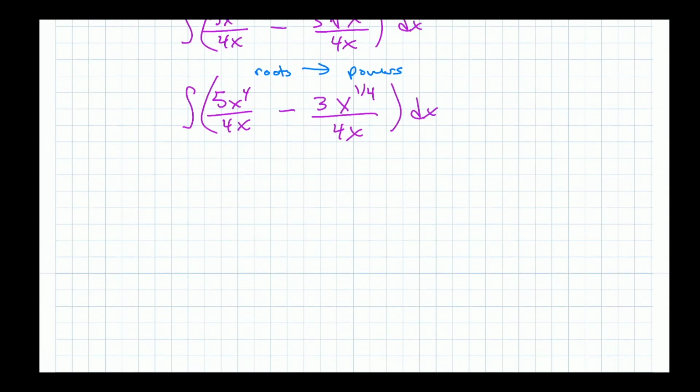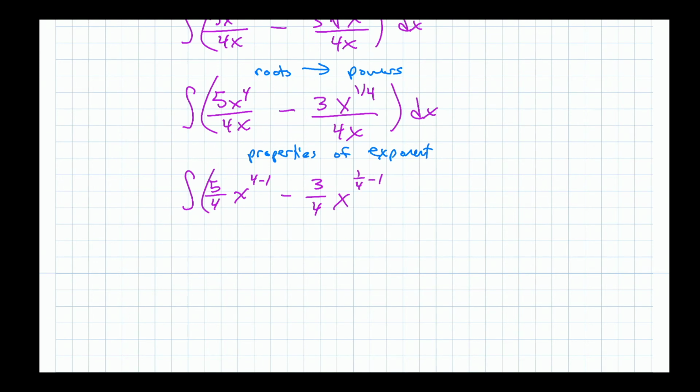Then you need to use properties of exponents, right? The m minus n thing. So this is gonna be 5/4 x to the 4 minus 1, right? Subtract the exponents, minus 3 over 4 x to the 1/4 minus 1.